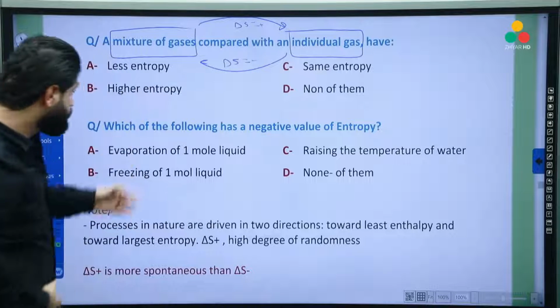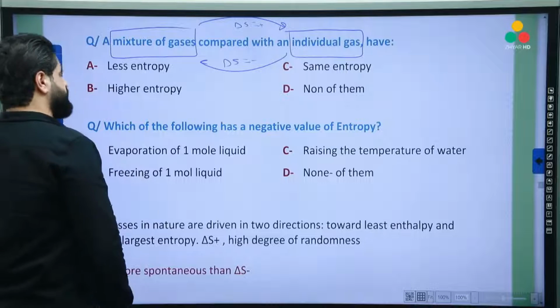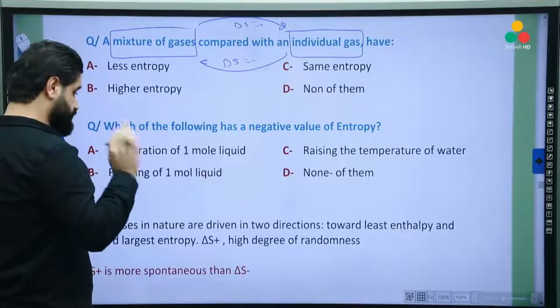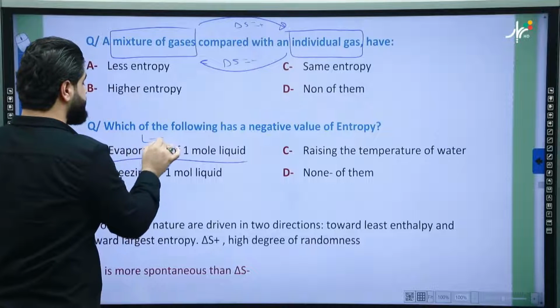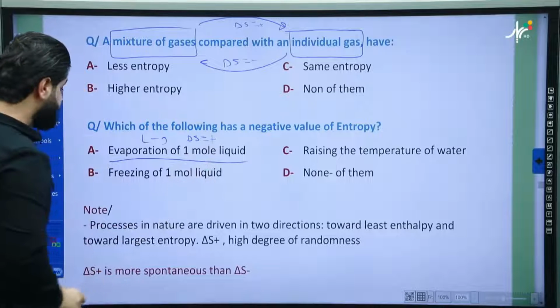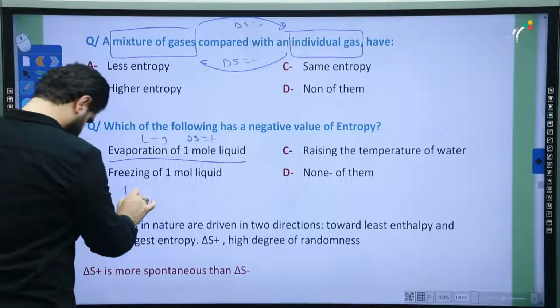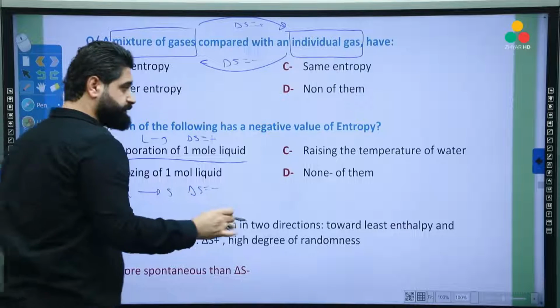Which of the following has a negative value of entropy change? Decreasing in entropy. Evaporation, 1 mole of liquid. Liquid to gas. Delta S is positive. Freezing, 1 mole of liquid. Liquid to solid. Delta S is negative.